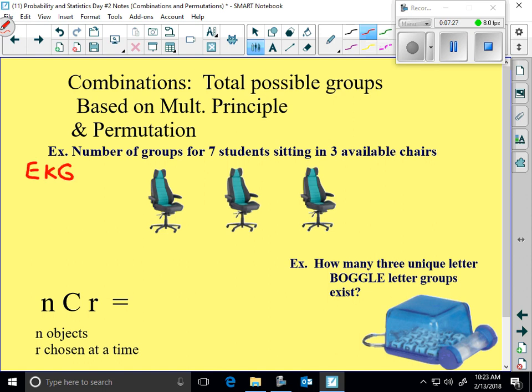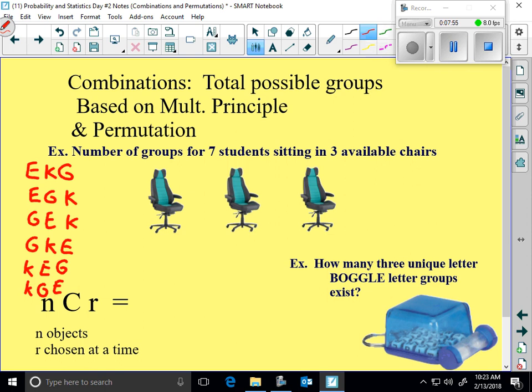I'm just going to consider this subset. I could have Emily, Gabe, Carl, then Gabe, Emily, Carl, then Gabe, Carl, Emily. This is where my brain starts to hurt. Then Carl, Emily, Gabe, and Carl, Gabe, Emily. How many? 6 different ways.